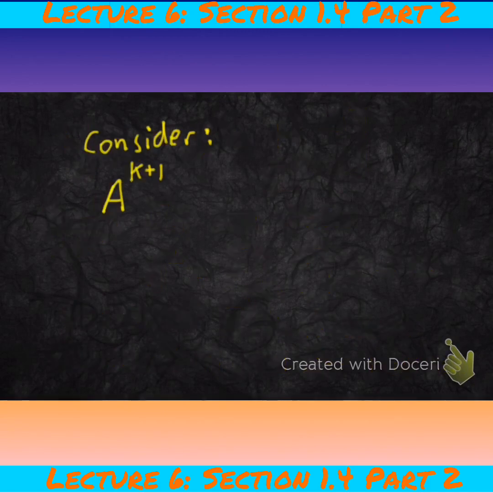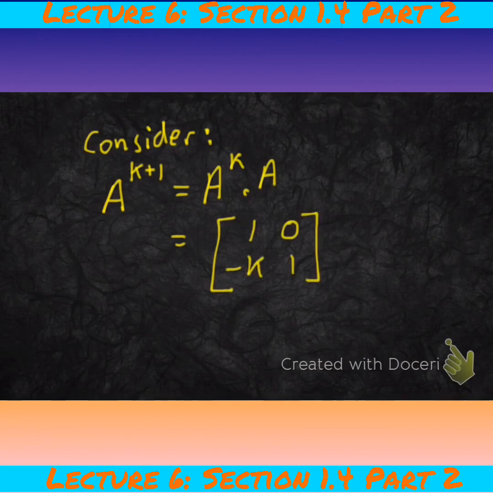So if we take the matrix A to the power of k plus 1, that is going to be equal to A to the power of k times A. And A to the power of k, by our induction assumption, we have that, and we said that A is 1, 0, minus 1, 1.